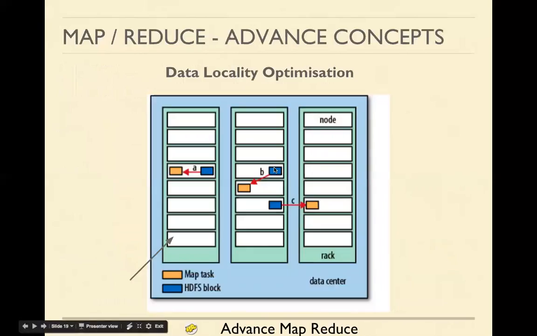So data locality, which we have discussed already. Let's imagine that you have a nice data center, and these three racks are almirahs, and these racks have computers.